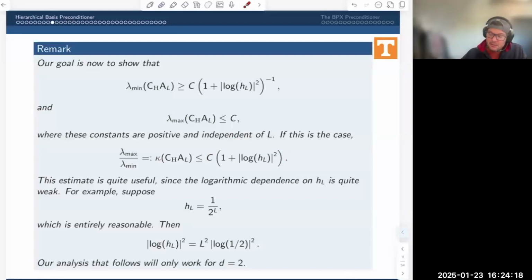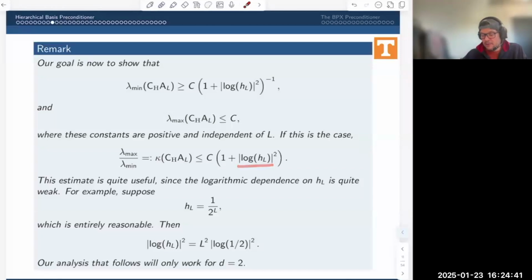Well, let me get rid of some of your worries. So this number here is independent of L, and it's not all that large. You can think C here is equal to 5 or 10. It doesn't matter. It's really pretty tame, pretty small. So the thing we worry about is this guy.